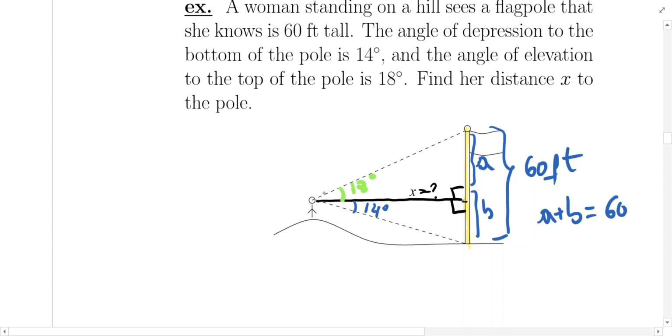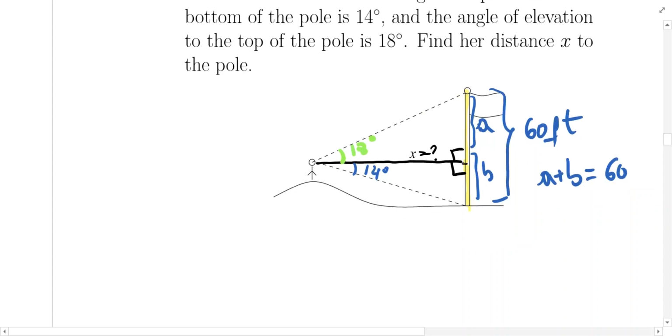So now if I look at the top triangle, I basically have the angle of elevation, which is 18 degrees. I have that this distance is X and this is A. So let's solve for A from that triangle. I need to think of a trig function that uses opposite and adjacent. So it's tangent.